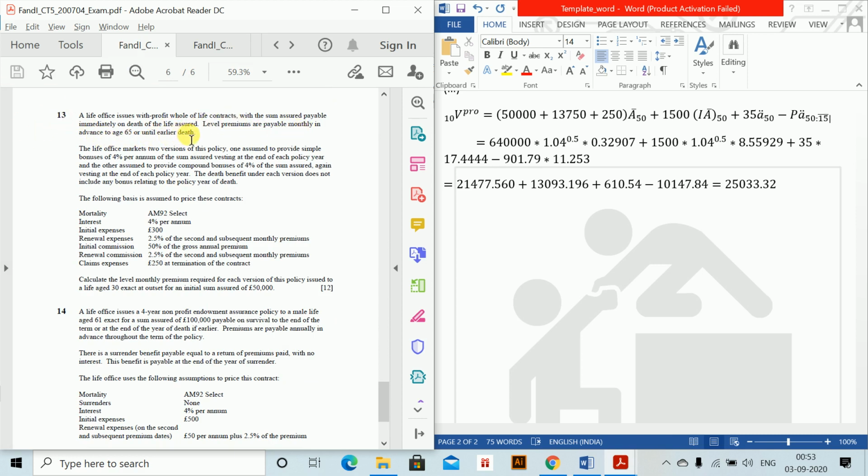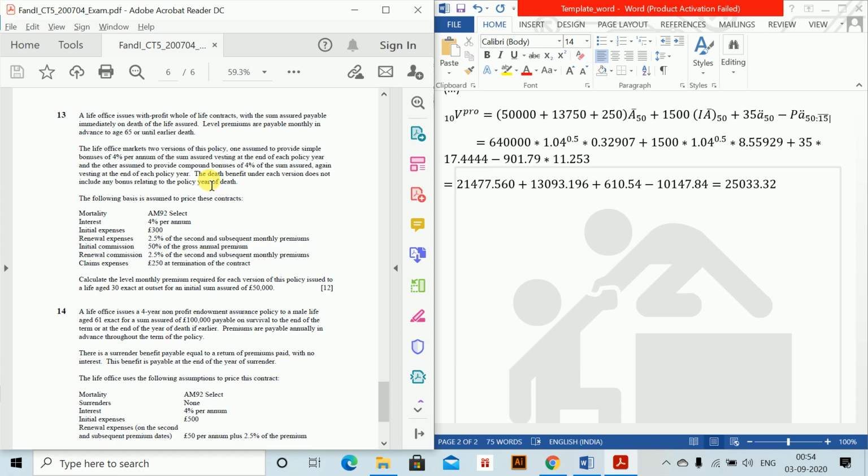The life office issues with profit whole of life contracts with the sum assured payable immediately on death of the life assured. Level premiums are payable monthly in advance to age 65 or until earlier death. Then life office makes two versions of this policy. One assumed to provide simple bonuses of 4% per annum of the sum assured vesting at the end of each policy year, and the other to provide compound bonuses of 4% of the sum assured again vesting at the end of each policy year. The death benefit under each version does not include any bonus relating to the policy year of death.